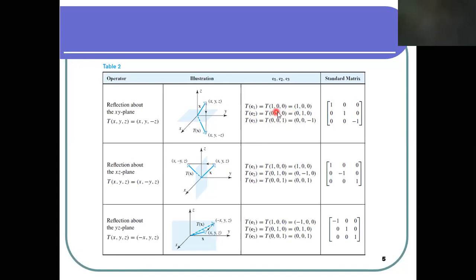If you put these inputs in this transformation, you will get these outputs for E1, E2 and E3. If you represent these elements in a 3 by 3 matrix, this is the 3 by 3 elementary matrix representation of reflection about the xy plane. Similarly, we can see other reflections about the xz and yz planes.